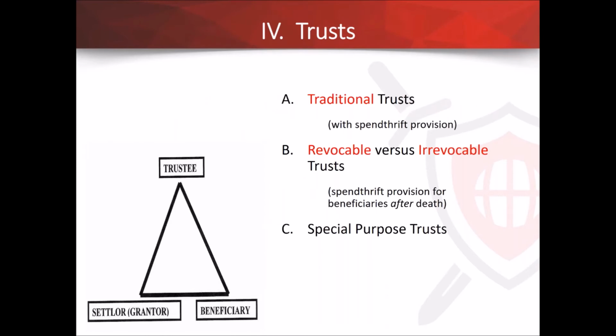Let's change directions here a little bit and talk about trusts. This is the traditional form of asset protection, your traditional trust with a spendthrift provision. In the traditional trust scenario, you have a settlor or grantor of the trust who names a trustee and a beneficiary, and you split the equitable and legal title in the property.